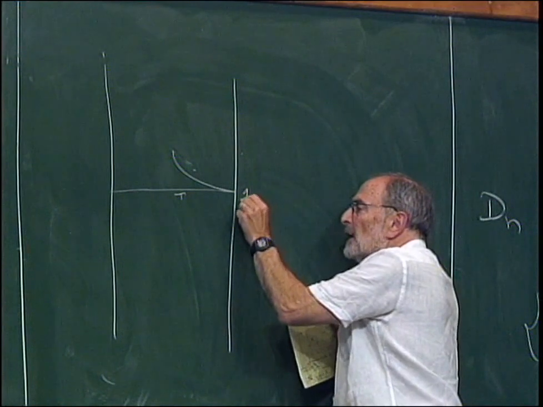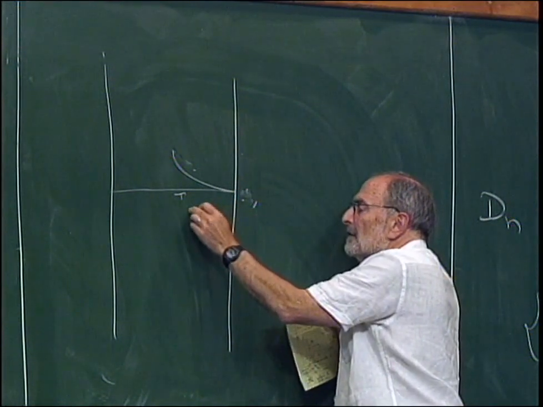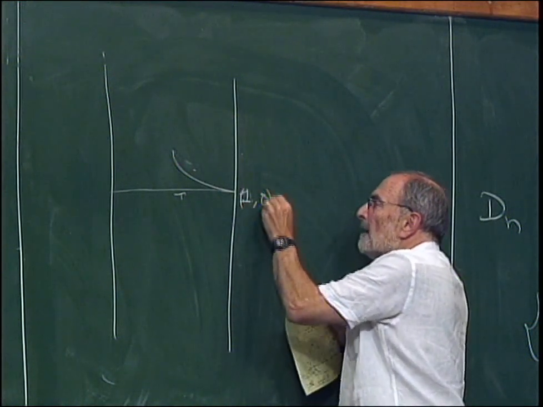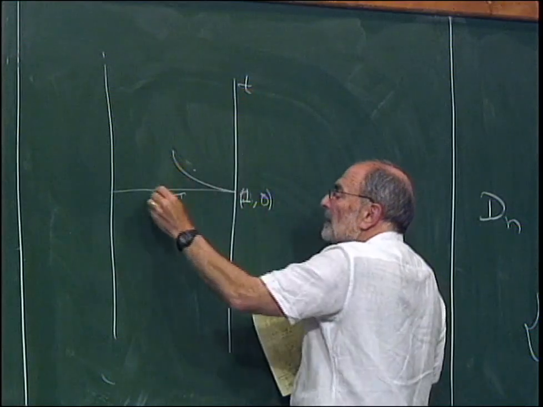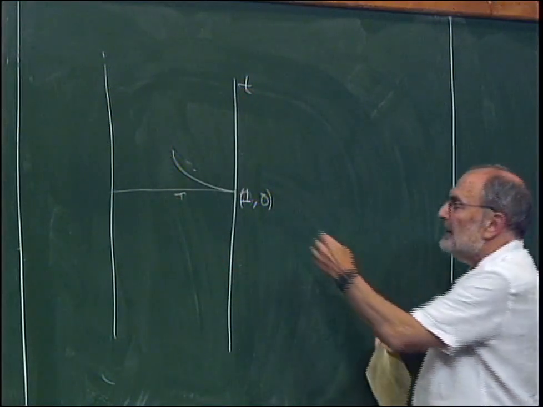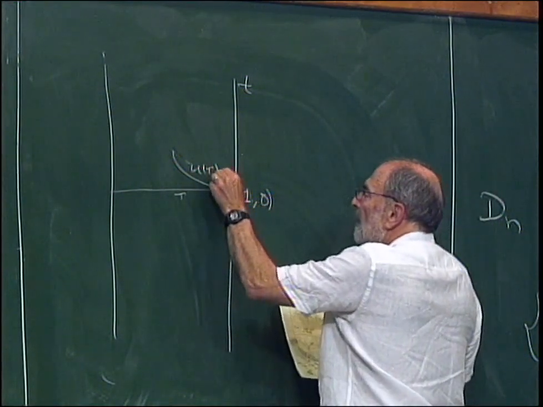So this point is (0, 1, 0). Variables are t and tau. And I find that every geodesic that goes to the boundary is the graph of a function u of tau.